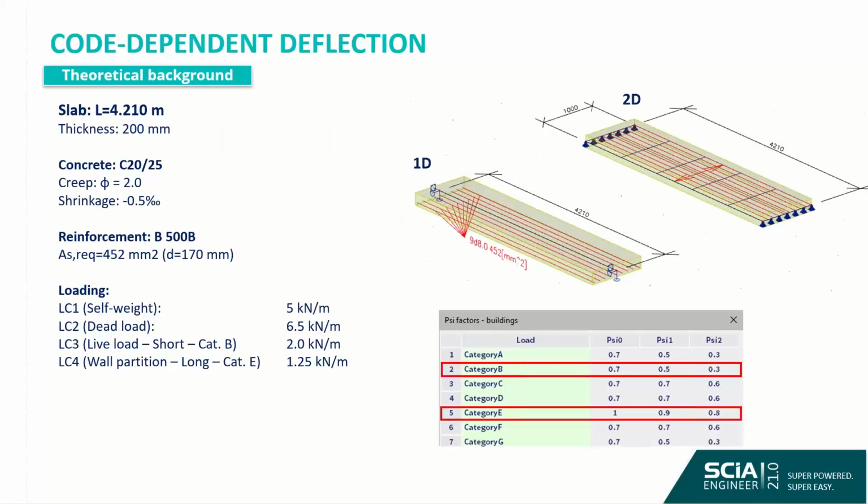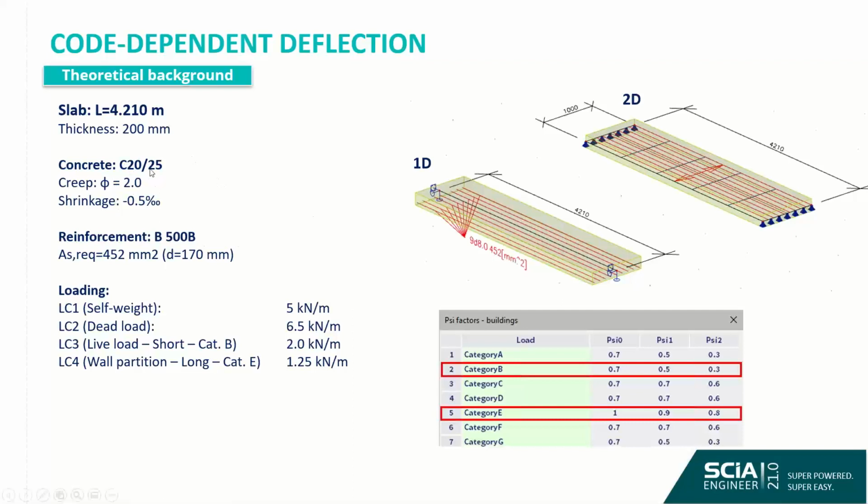Now, what I will use as an example is a simple slab modeled as a 1D or 2D approach with some user reinforcement on the bottom surface.